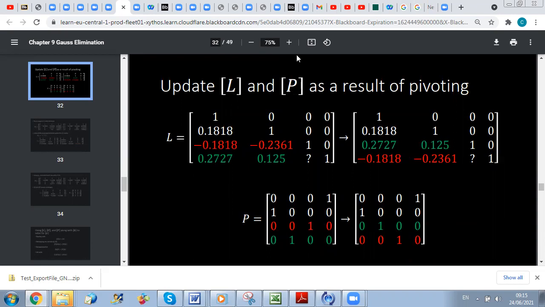While if we have to do pivoting, we should create a permutation matrix that can track all pivoting operations.